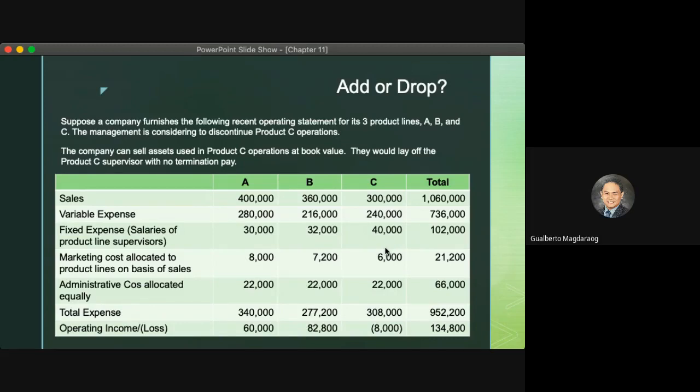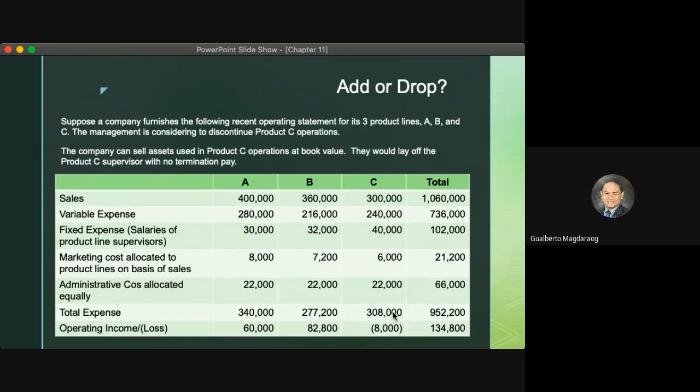Yes. 300 minus 240 minus 40, meron pa tayong matitirang 20,000. So yung 20,000 na yun, pwede pang gamitin pang bayad ng 6,000 and 22,000. Although kulang na yan, at least 28,000 yung mawawala sa'yo. Pero 8,000 lang yung nawawala sa'yo. Diba? Kasi may pang-absorb ka pang 20,000.